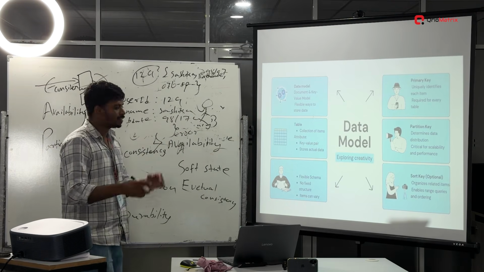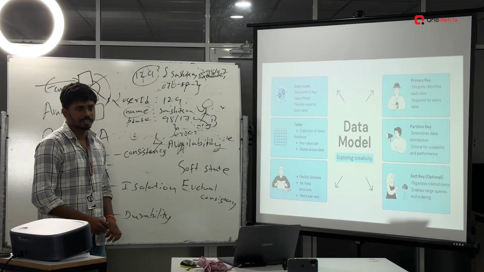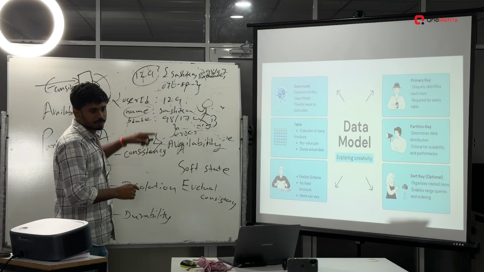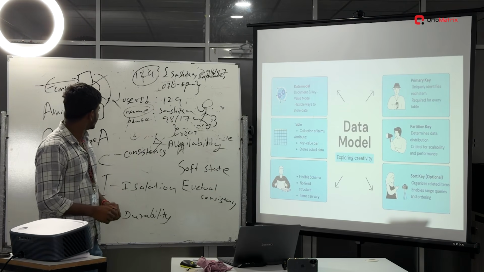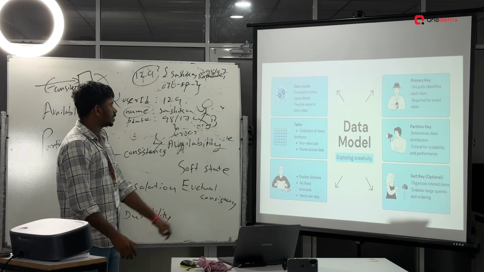So in that case, it identifies these attribute names also. It has knowledge about attribute names. So you can search data using these attribute names also. That's the main thing. So in here we use this document model and also key value model.